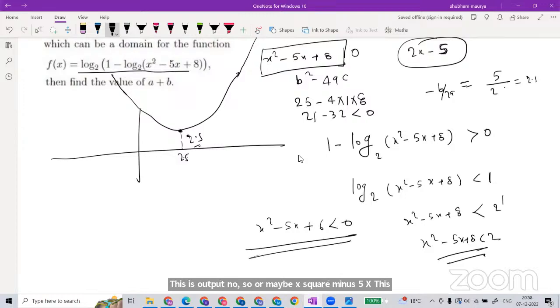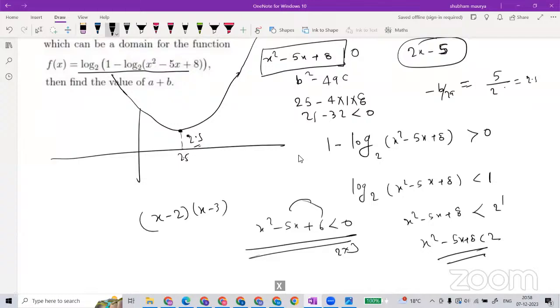This we want, right? So now this is 2 into 3. So the x minus 2 and x minus 3 it is. Okay, sir. So that's 3 plus 2 and it would give 5. Yes. Okay, sir. Thank you, sir.